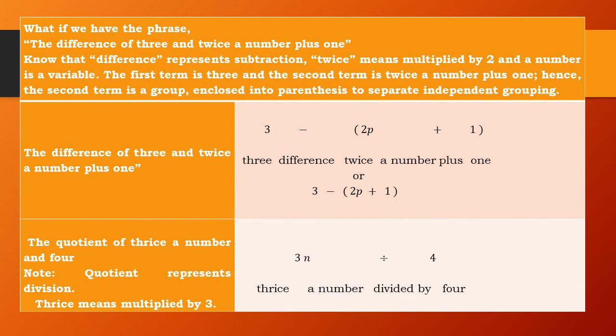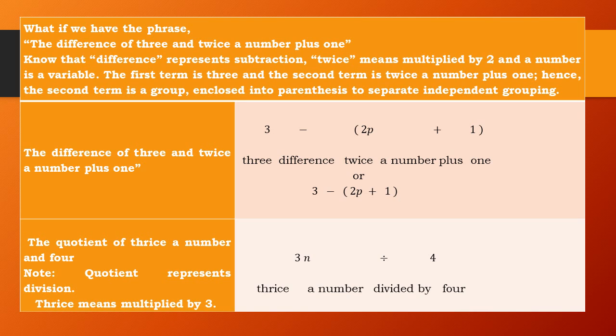What if we have the phrase, the difference of 3 and twice a number plus 1? Know that difference represents subtraction. Twice means multiplied by 2. And the number is a variable. The first term is 3 and the second term is twice a number plus 1. Hence, the second term is a group enclosed in parentheses to separate independent grouping.